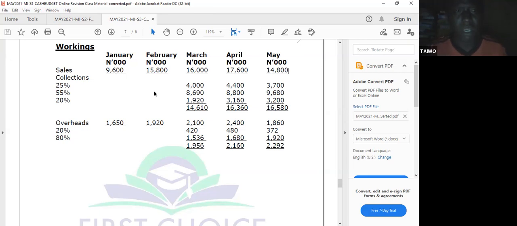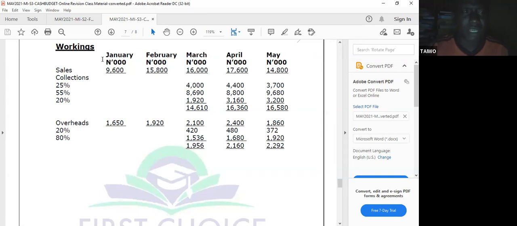We don't need it because we don't even need February. We start from March. The last percentage there will be the one that makes it 100%, which is 20%. Now, 20% of 9,600 will come in as 1,920. Can you see the way things are being run?